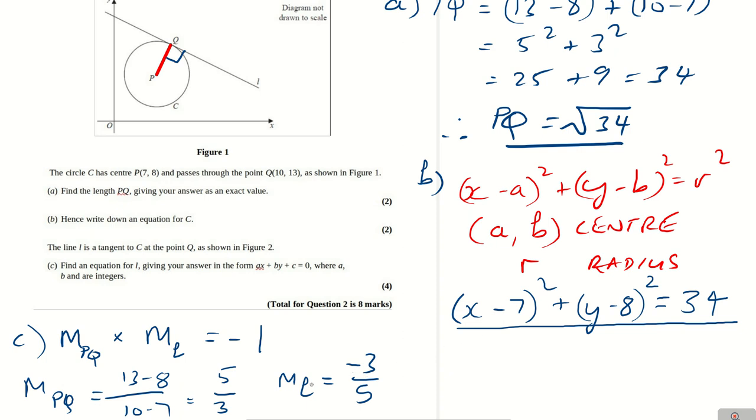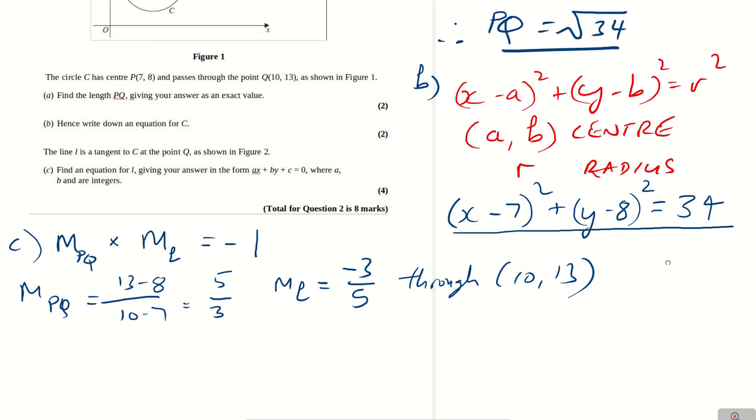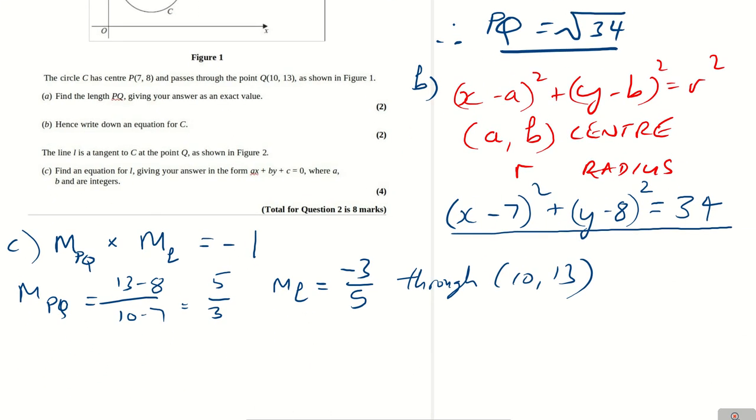So the gradient of the line L is -3/5, but we also know the line L goes through the point Q, which is the point 10, 13. So it should be fairly straightforward to find the equation. We just say that y minus 13 equals the gradient, -3/5 times x minus 10.